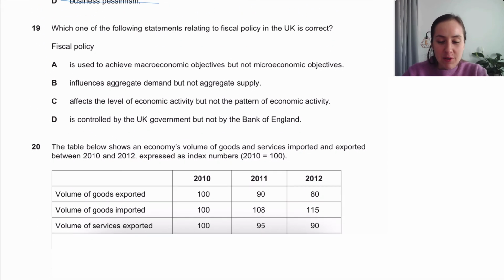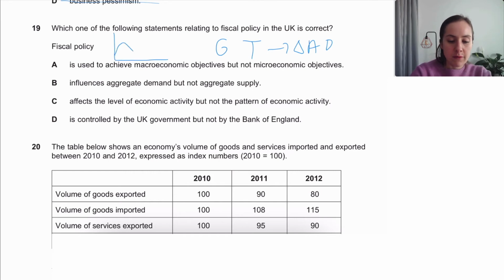Which of the following statements relating to fiscal policy in the UK is correct? So fiscal policy, we're looking for government spending changes, taxes changing, and usually this is done to change AD, to then change the business cycle. An economy usually grows up and down, and fiscal policy will try to help it grow in a smoother line.